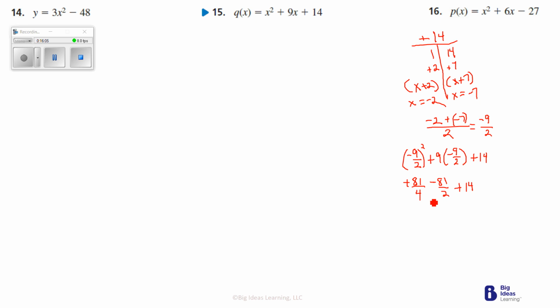Well, we know that we can get the same denominator by multiplying this by 2 over 2. So now we're going to have positive 81 over 4 minus, let's see, 81 times 2 is 162, plus 14. Well, negative 162 over 4 plus 81 is negative 81 over 4.